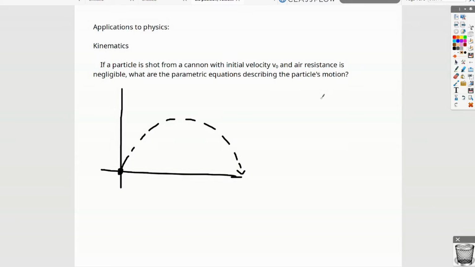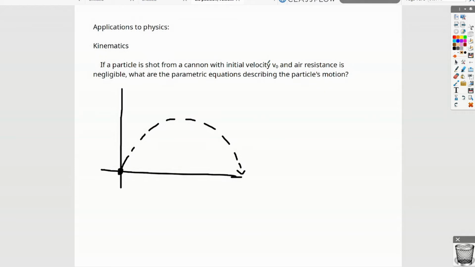And gravity, we say it's g, which I mean g for gravity, yay. But g is measured as 9.8 meters per second squared, or about 32 feet per second squared.